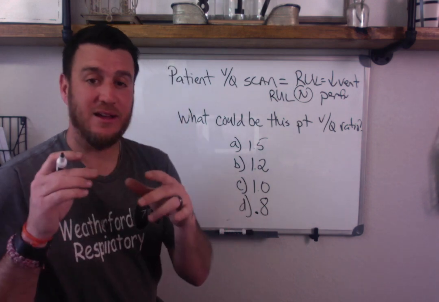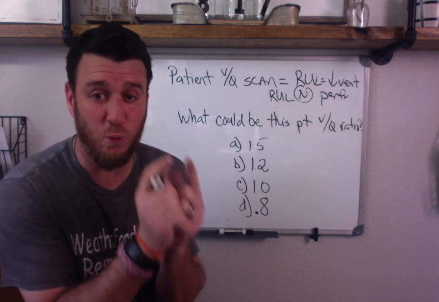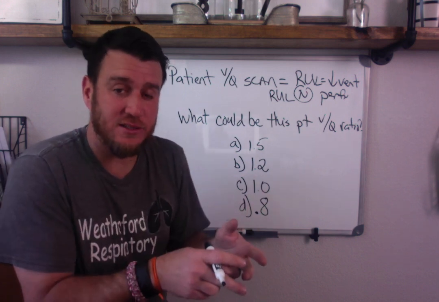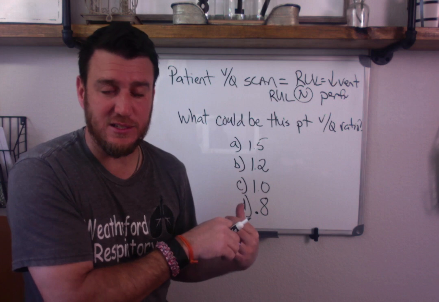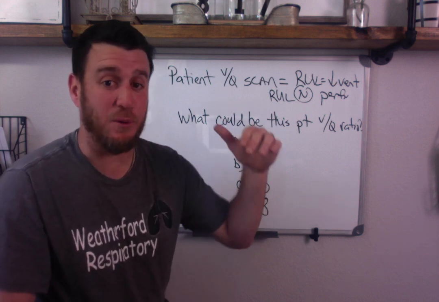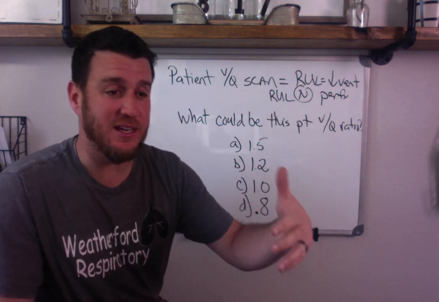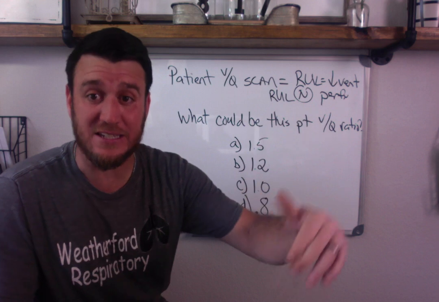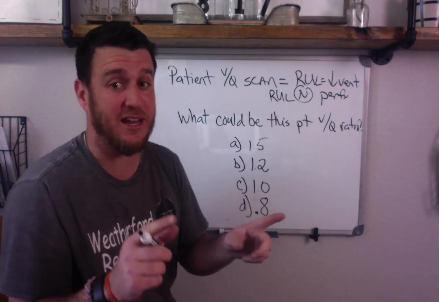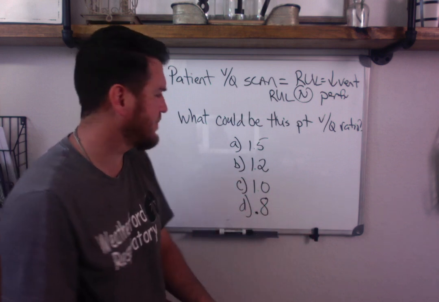If you understand VQ ratio and you understand that normal is 1, and you understand that a shunt is a decrease in VQ ratio, and that's perfusion greater than ventilation, and you understand that dead space is ventilation in excess of perfusion, then this question becomes much simpler if you understand how those two things affect your VQ ratio, obviously, right?